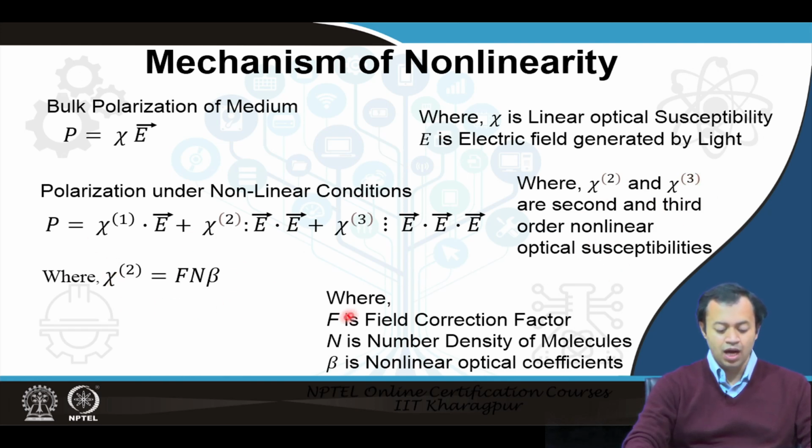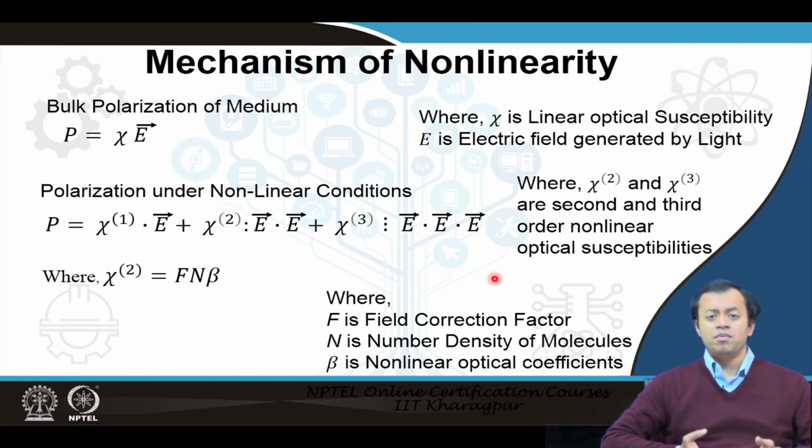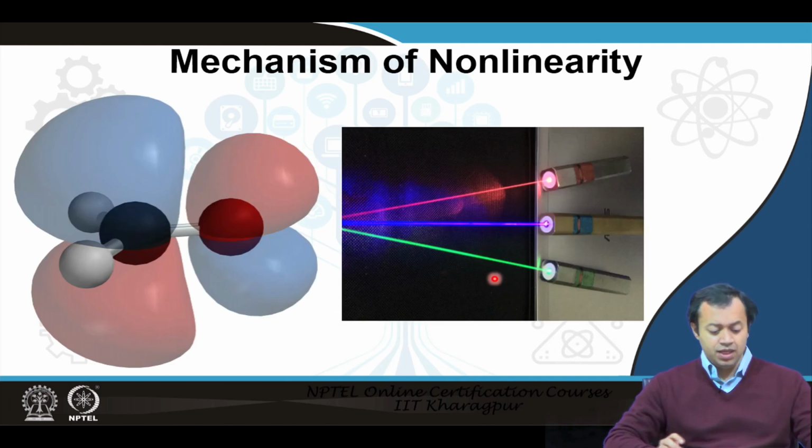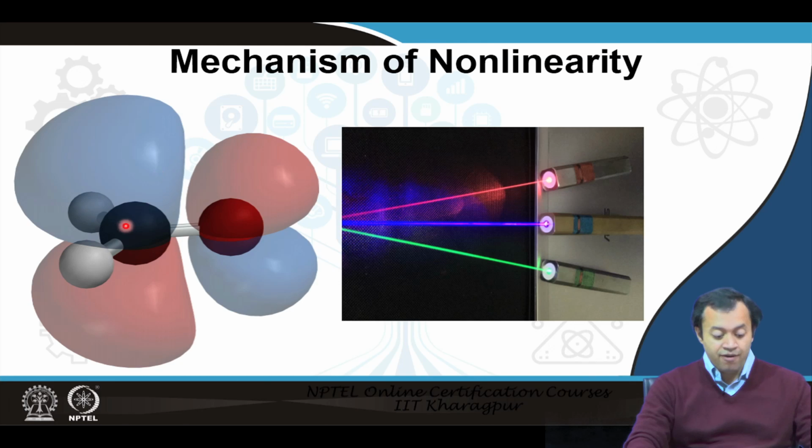Chi 2 is given by this formula, where you can read what the different terms of the formula mean. Now, in layman terms, what exactly does that mean? It simply means that when you have a system such as this with non-uniform distribution of electron cloud, different electron clouds are attached to their parent nucleus differently.